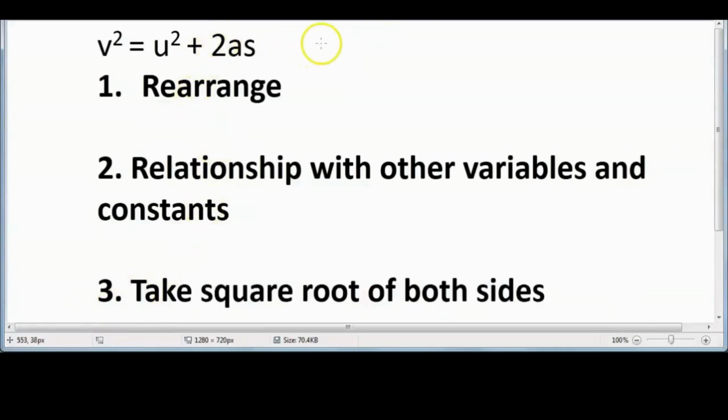Then for u, we're going to first make u the subject of the formula. We're going to begin by rearranging. U square has to be on the left hand side of the equation. Move to this side.